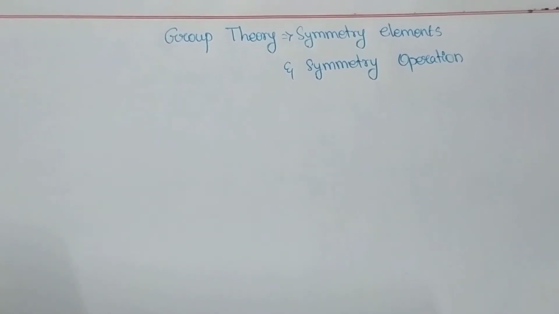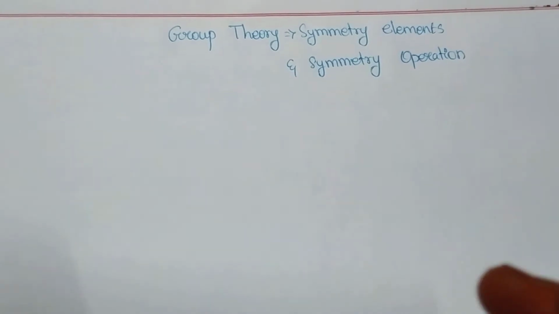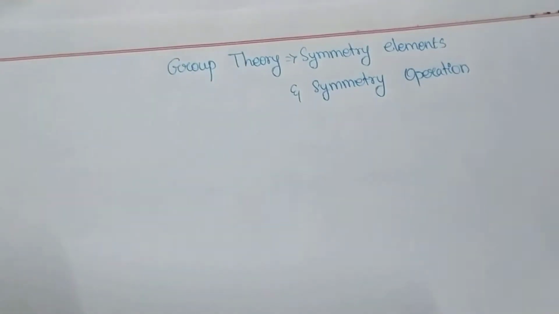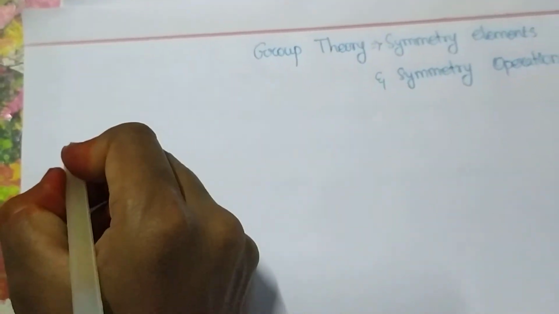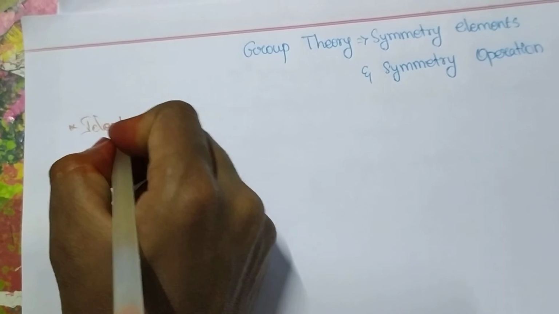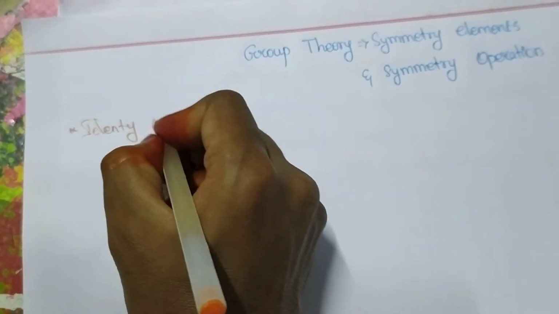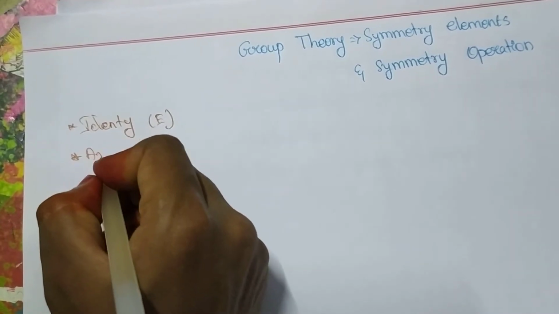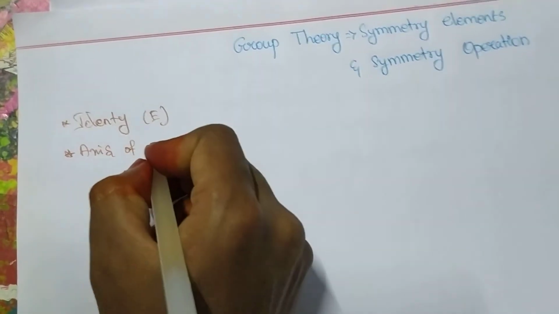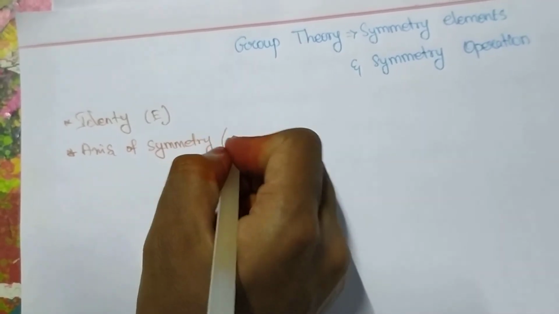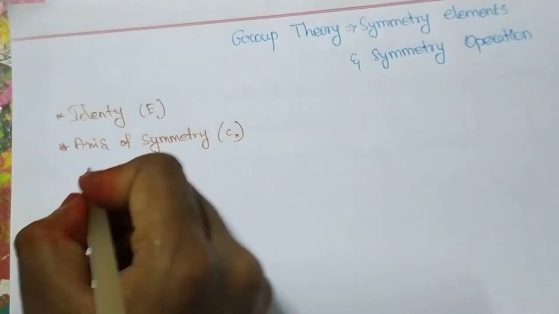There are totally 5 symmetry elements. What are they? Identity, that is referred to as E. Axis of symmetry, that is Cn.